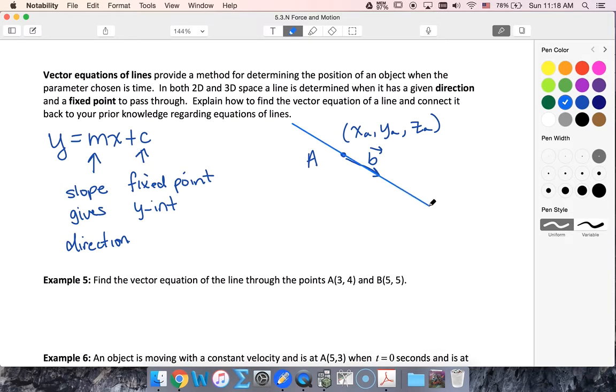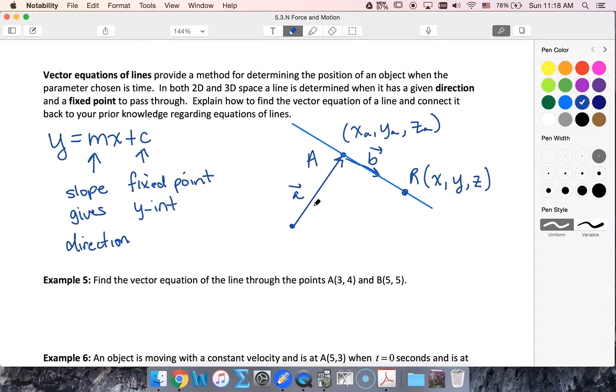Okay, so if I go through this point with my direction B, I can hit any random point on the line. So I'm going to call this R, some random point on the line. It has coordinates x, y, z. So to get to this point, I would start at the origin, and I would make OA.